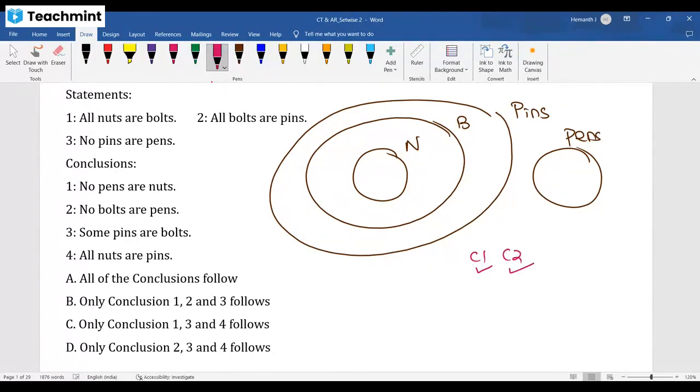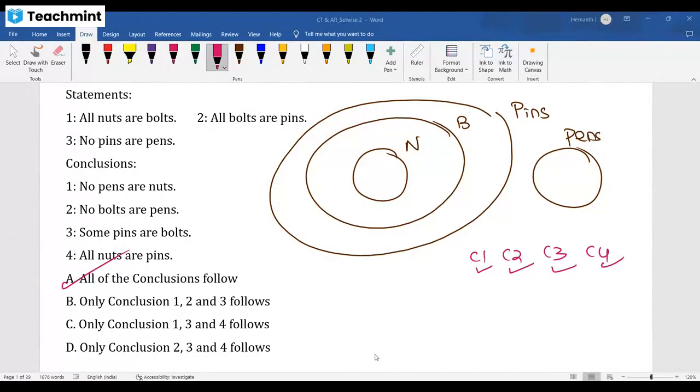Some pins are bolts: yes, some part of pins is occupied by bolts. All correct, all follow. Superb. You draw a number of diagrams, you will get all follows. All follows is the answer, not option D, option A. First one only is true.